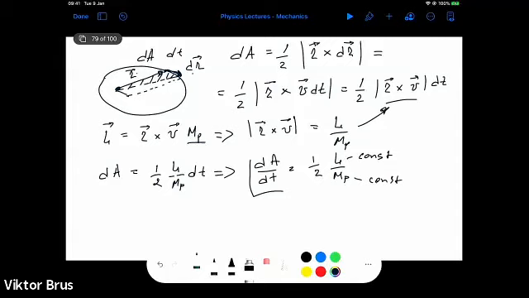So dA over dt is some constant value, which is actually the mathematical formulation of Kepler's second law, which we formulated in words, and now we have shown, based on the concept of conservation of angular momentum, that it originates from this concept. So we have some physical background of this law.